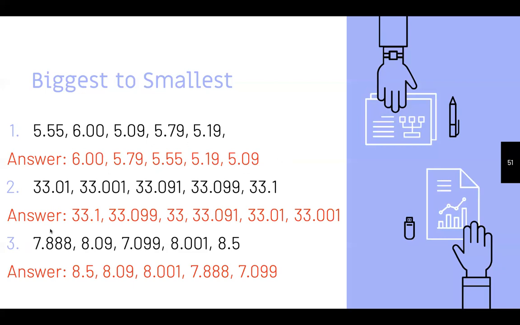Now you look at 2. 2 can definitely be a little more intimidating, but start with the 10th spot, because the whole number is the same. Only 1 has a number that isn't 0, so 33.1 is greatest. Now we look into the 100th spot. Well, one of them does not have a number in the 100th spot. It's 33.001 with a 0 there.